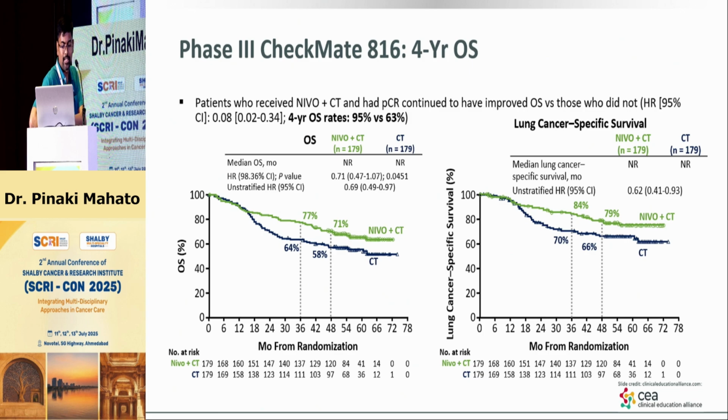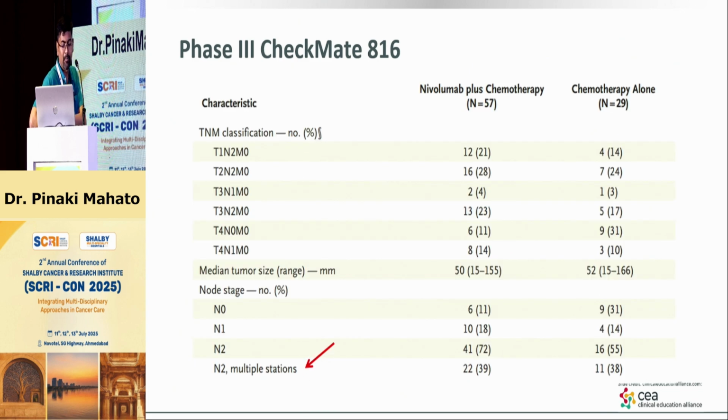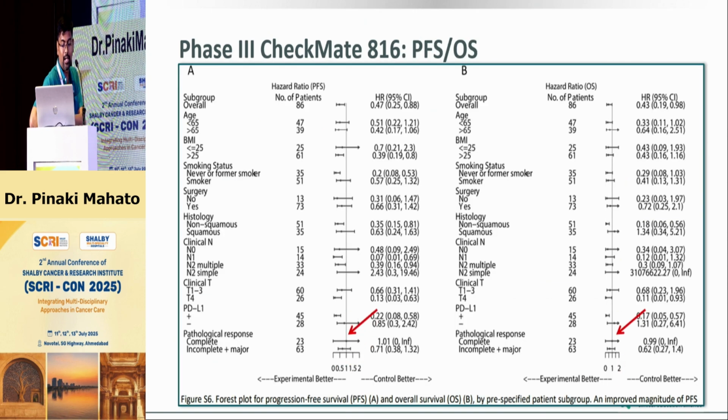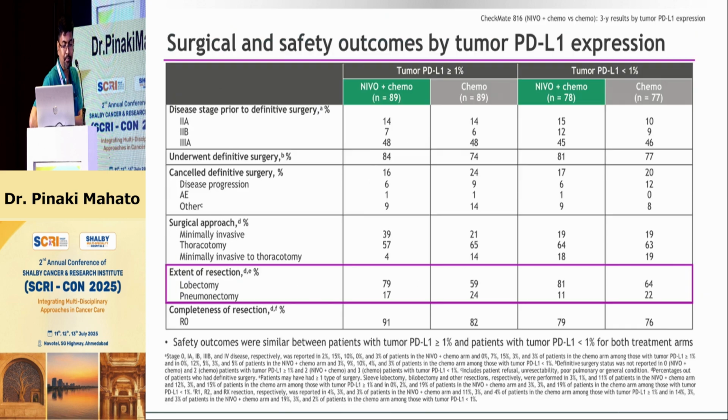So there is an OS advantage now, and almost 40% of patients in both the groups did have multistation N2, and if you look at the forest plot, yes, the hazard ratio seems to be towards that side, so it seems to be significant. So all these trials, because they are heterogeneous, have included some patients with multistation N2, and they seem to be having some advantage.